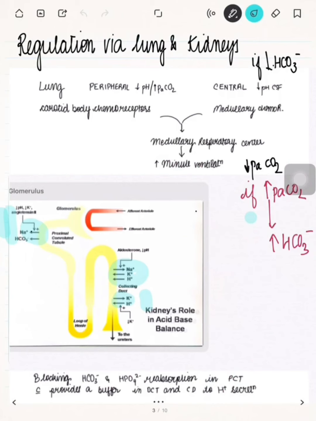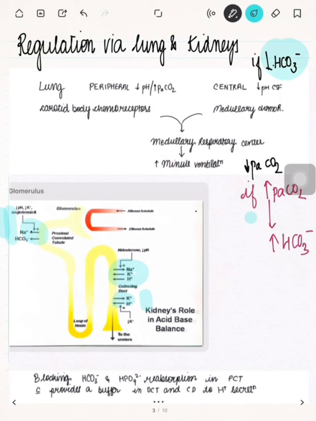If the primary problem is a decrease of bicarbonate, that means acidosis, and this will be metabolic acidosis. Whenever bicarbonate increases, it will be metabolic alkalosis.